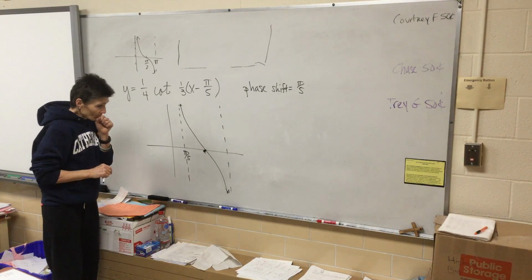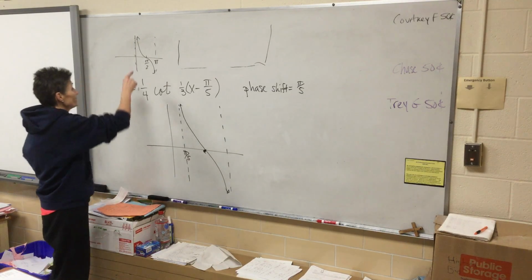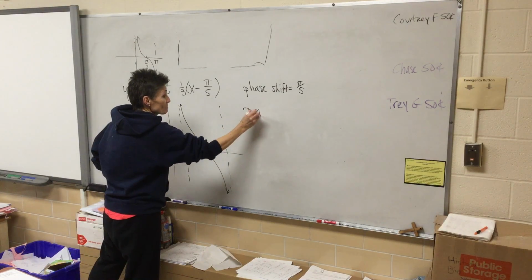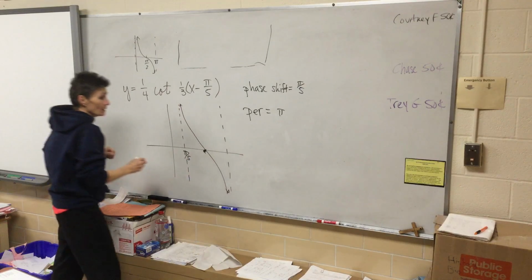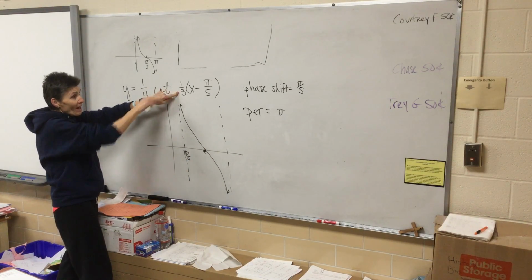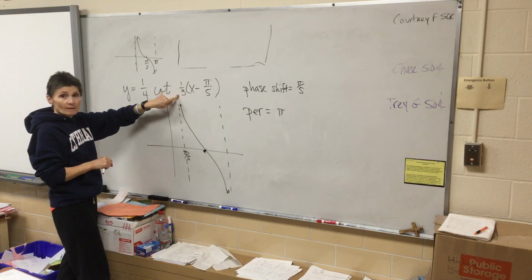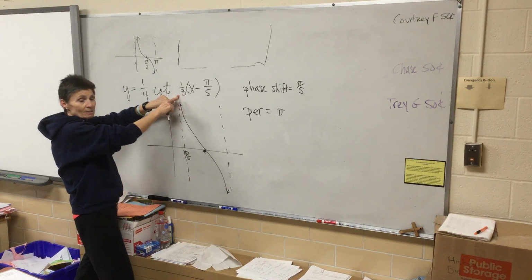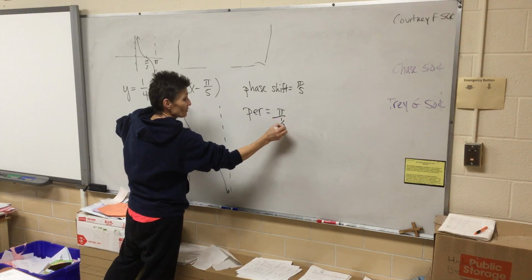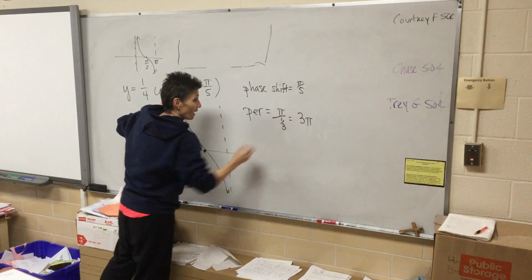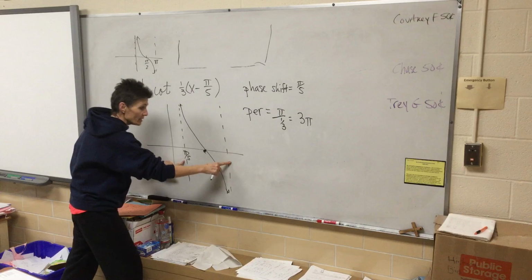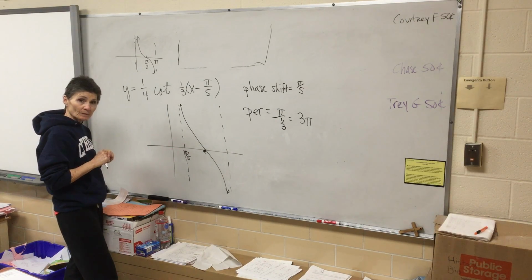Now, I know that the period of my normal cotangent is pi. But this one has been altered by the coefficient on x. So that divides my period. So my period is pi divided by 1/3, or 3 pi, which means the distance from here to here is 3 pi.